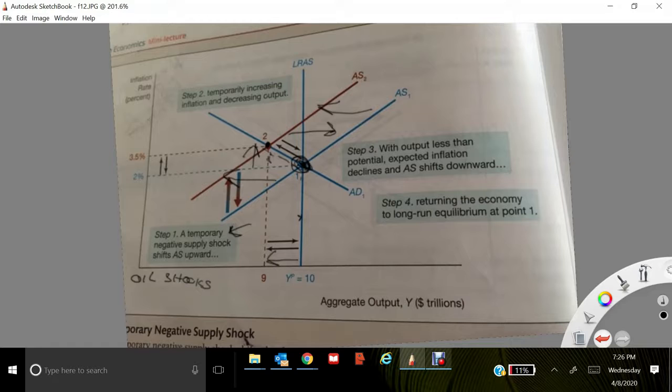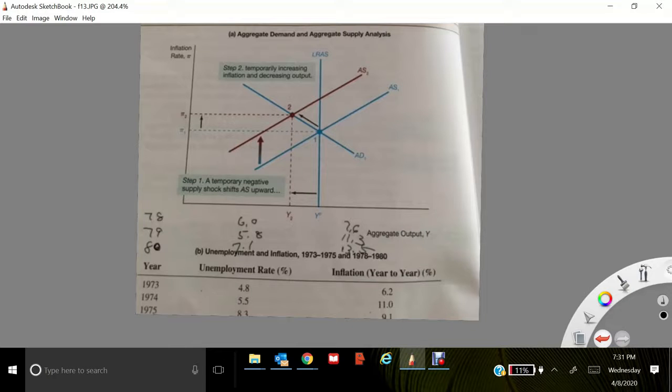Okay, so on page 538, we actually have the historical data of this supply shock to go along with our graphical theoretical analysis. And here you see we were at this long run equilibrium output.